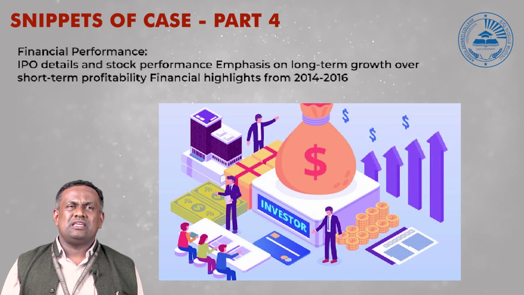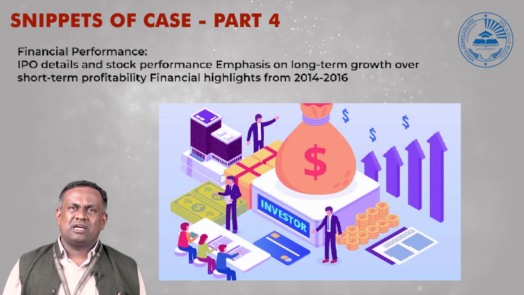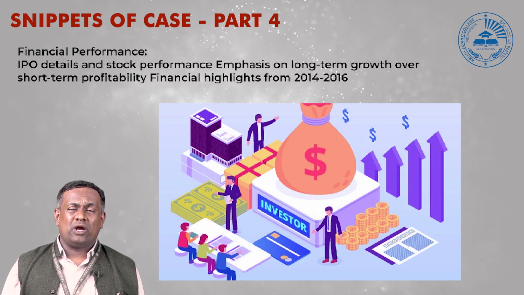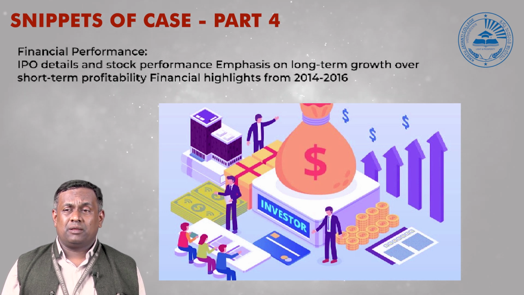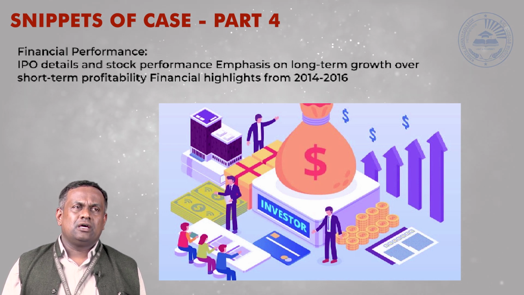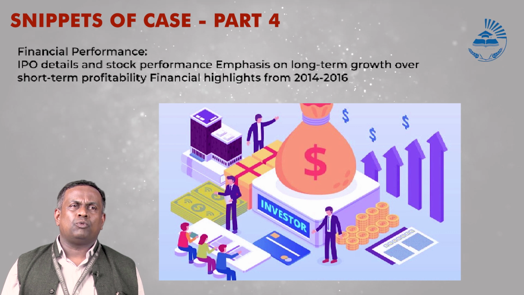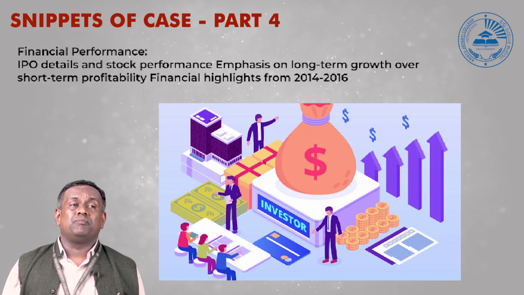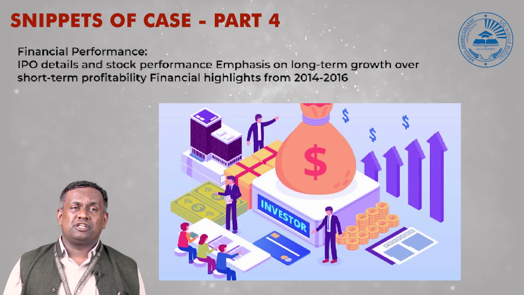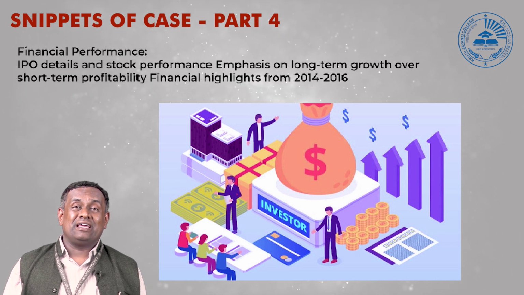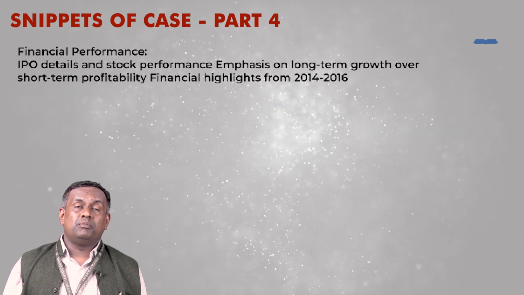So the focus area of Amazon is customer centric. We can see here the vision to be the earth's most customer centric company. This is their motto, their mission, their vision, embedded in their business operations.